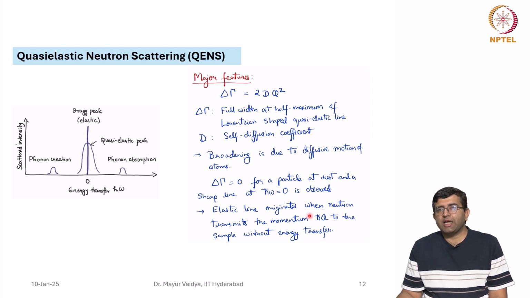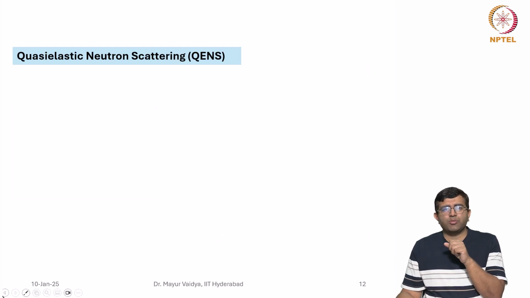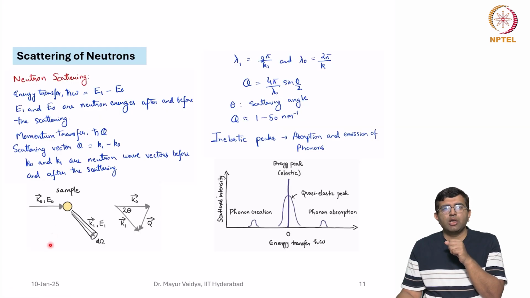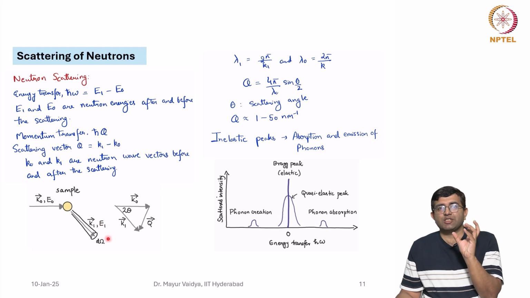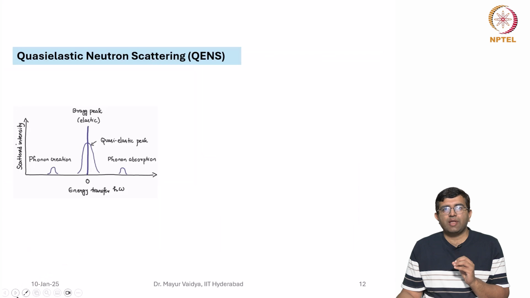This elastic line originates when the neutron transmits momentum to the sample without any energy transfer. If you understand from the previous picture, the incoming energy is E0, so only the momentum is changed and the energy is not changed; that is perfectly elastic scattering, where you get the sharp peak.